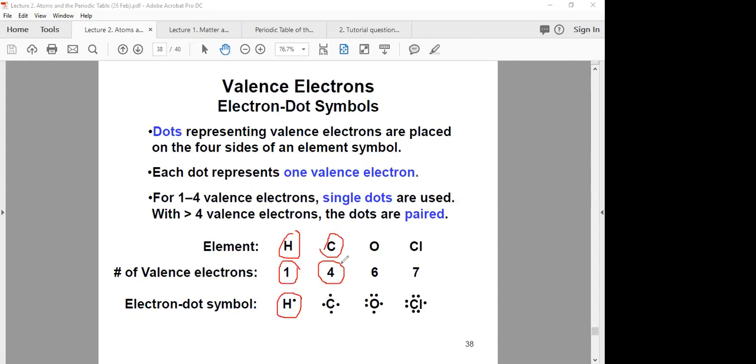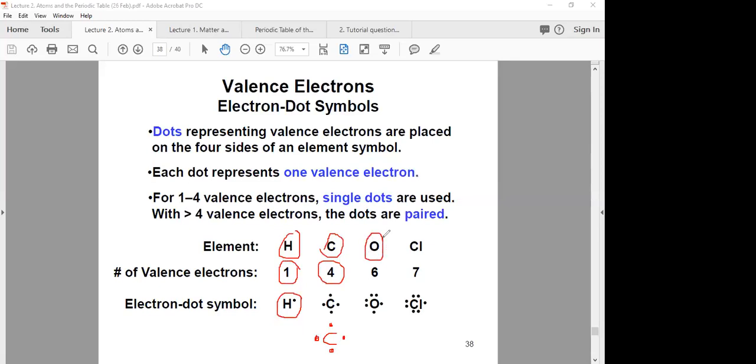Isn't that much easier than actually writing out the electronic configuration when you need to determine the number of valence electrons? All right, to draw the electron dot symbol, we write the element symbol as shown there, and we place 1 dot there, 1 on each side. And I'll just go around, 1 per side, and there we have it.